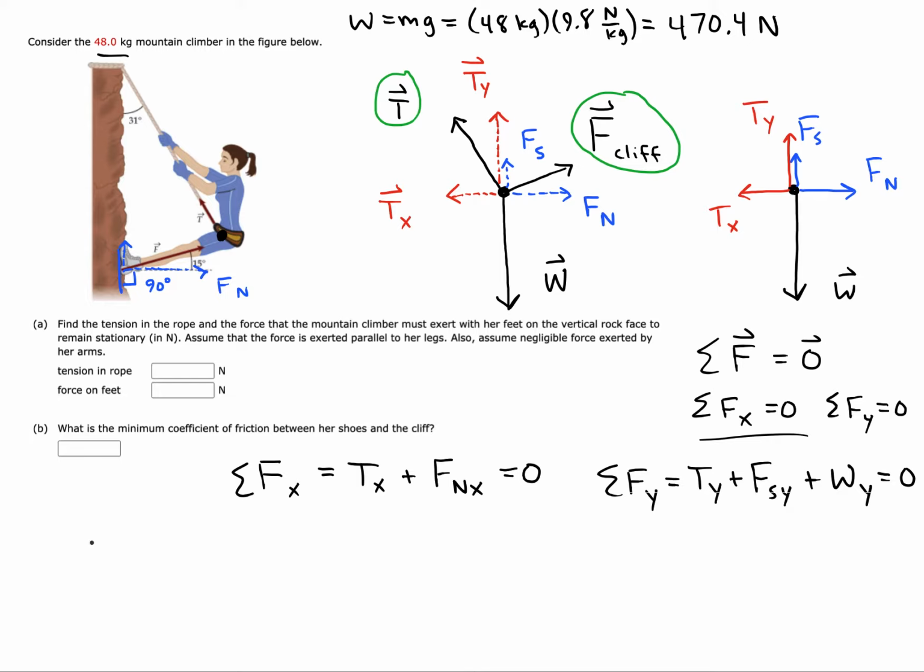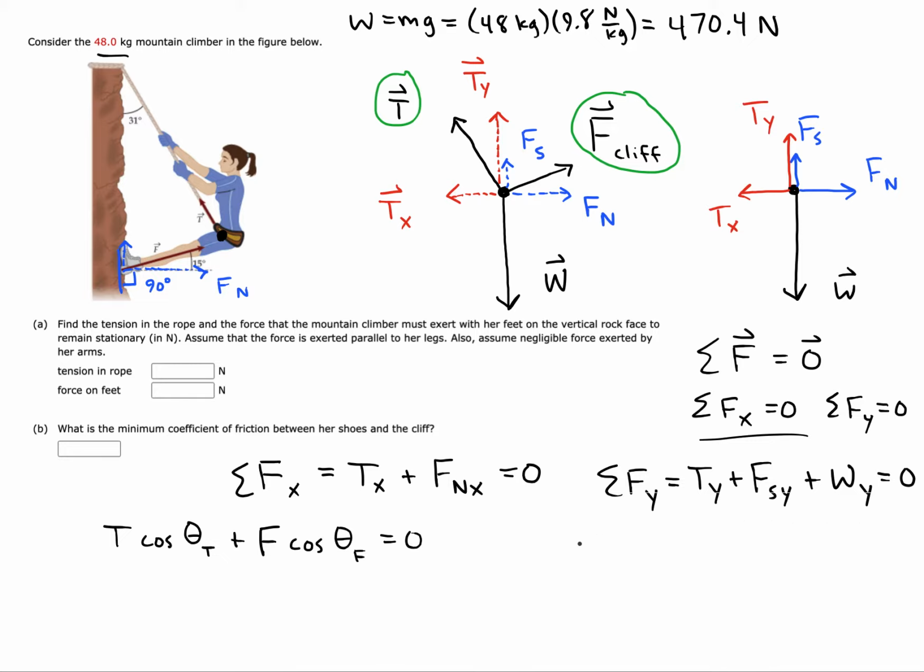So Tx could be written as T cosine of the theta of T in standard position. And then for Fnx, I'll write the force of the cliff, F, times the cosine of the theta of that force, and we'll set that equal to 0.